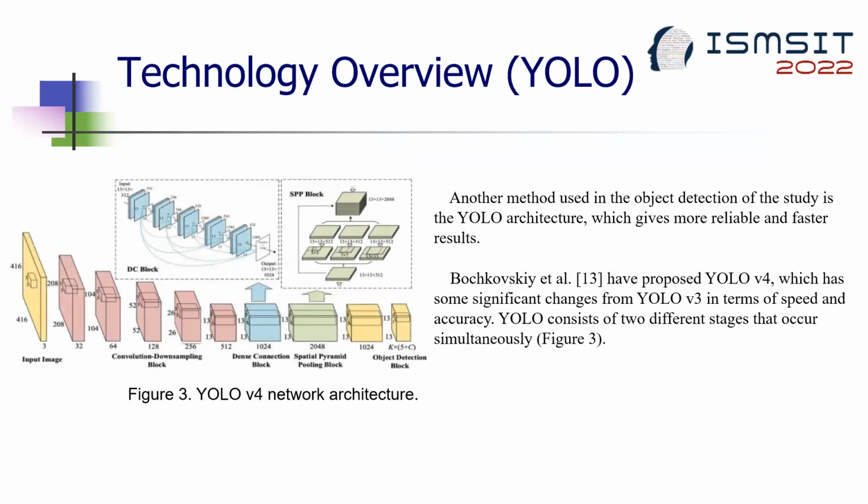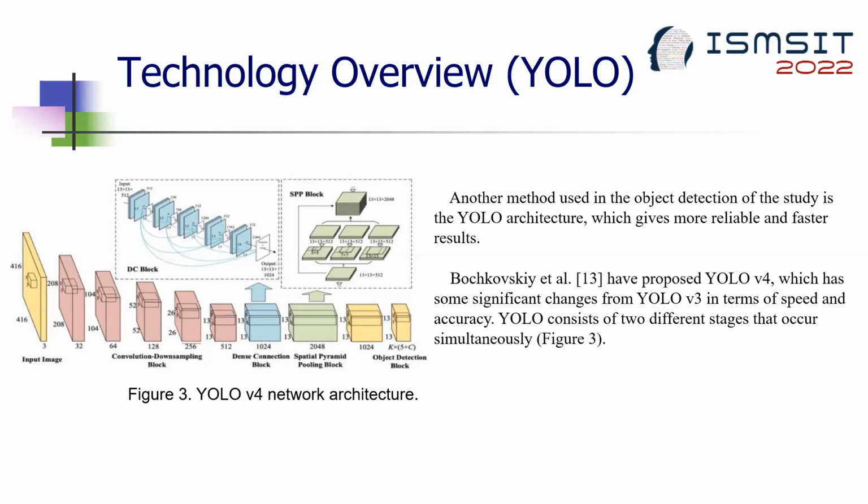And we use the YOLO method after the HSV method. We aim to show the YOLO algorithm's superiority. Another method used in the optimization of the study is the YOLO architecture, which gives more reliable and fast results.